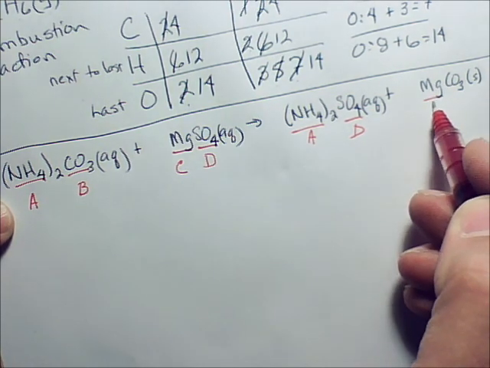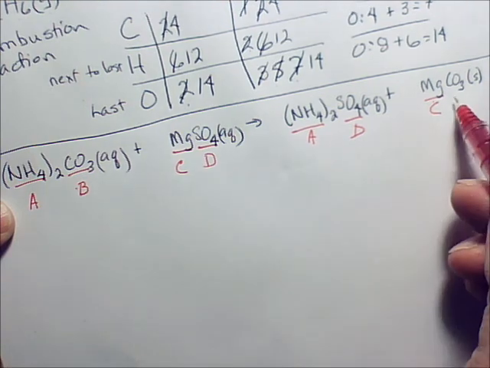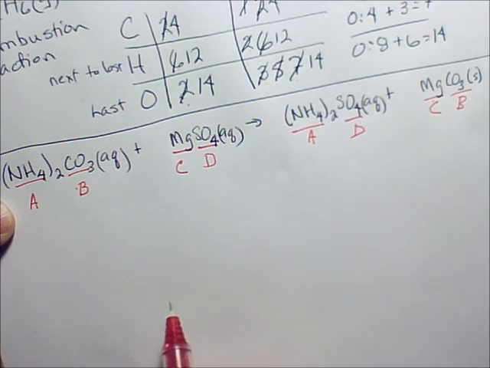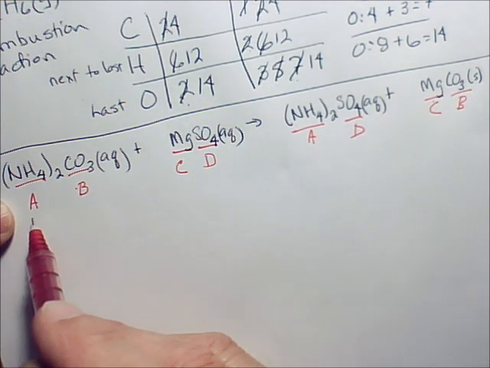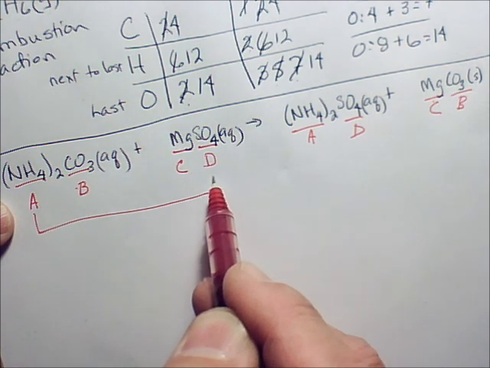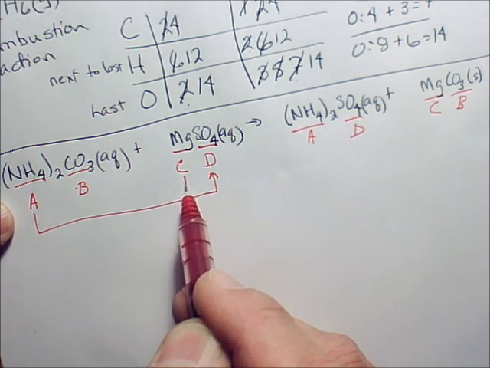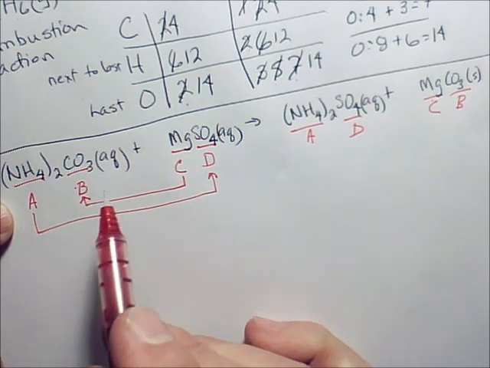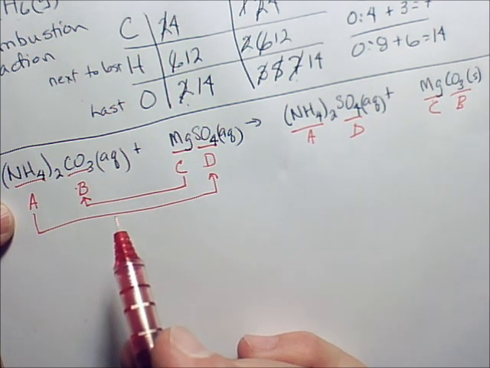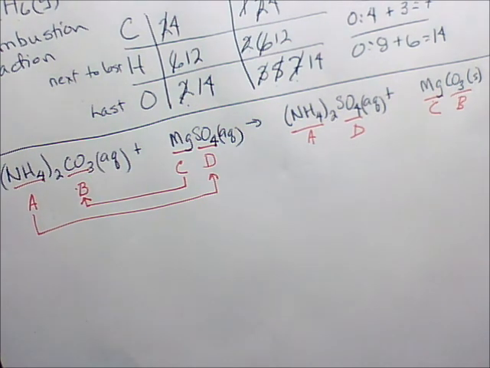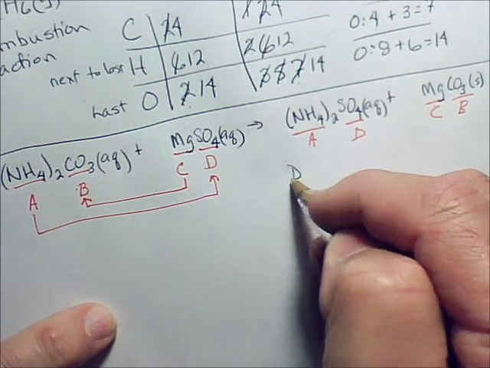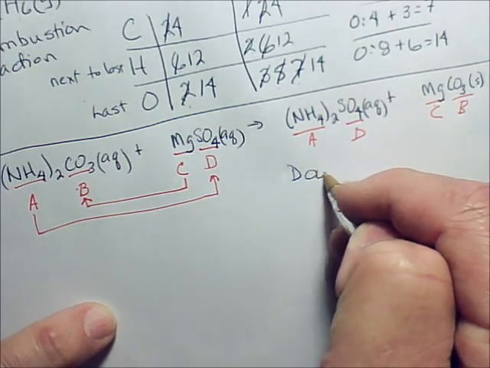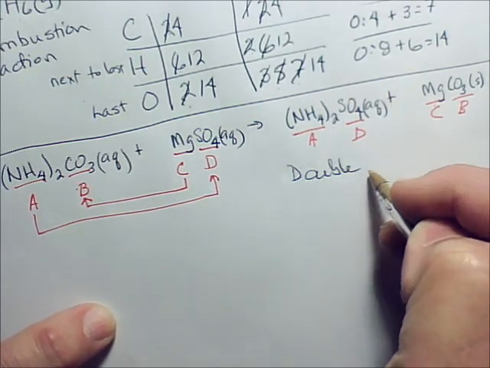Sure enough, there's C, and here is B. So the front part of this went with the back part of this other one over here, and the front part of this went with the back part of this one over here. The front parts always stay front parts. So that is, in fact, a double replacement reaction.